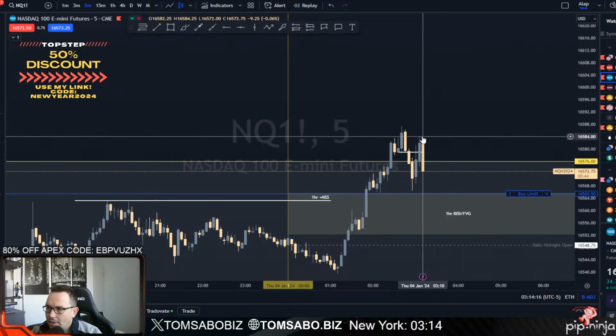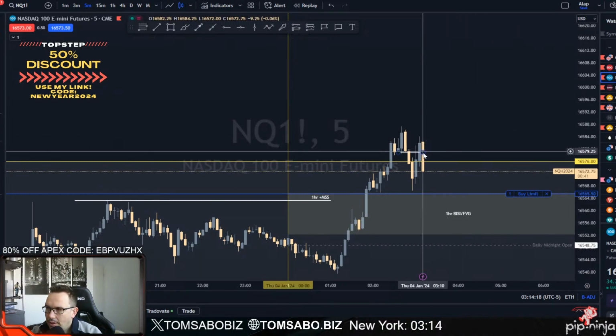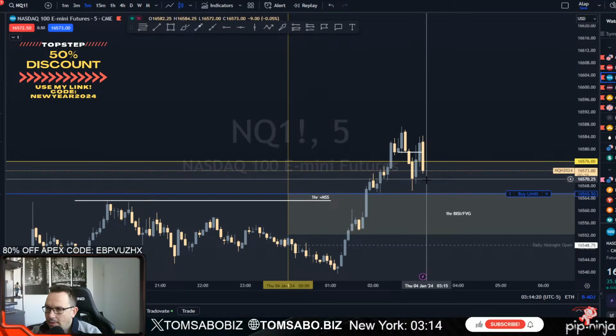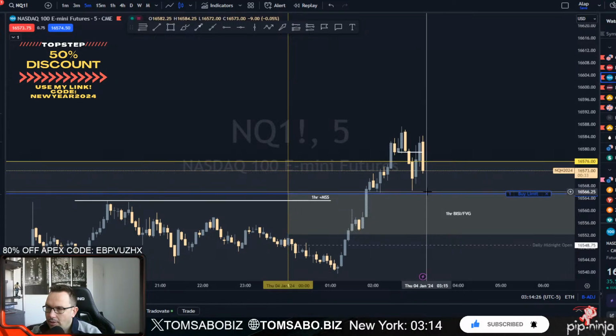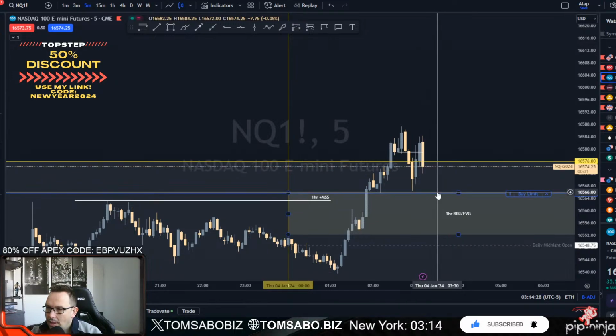Zoltan is short from 81, almost 10 points in profit, and I think it's a good target for you to tap into the fair value gap. I don't know how many contracts you do or how you do it. If you have multiple contracts, I should take some off.